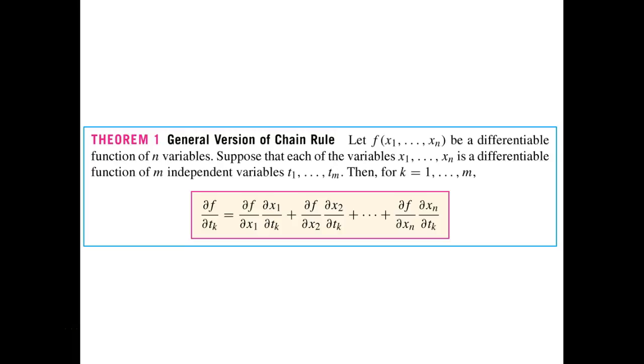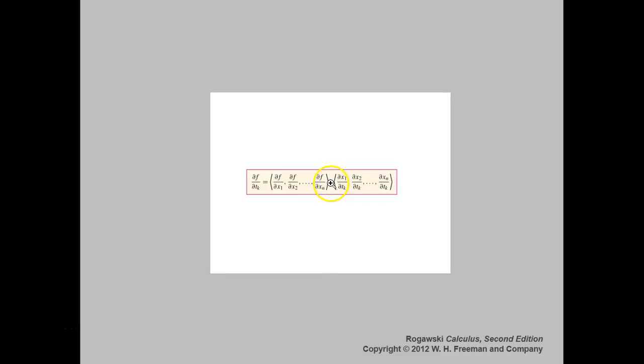Now, let's see if there's another way we can write this. Okay? That's the general version. Here's another way to write that. Okay? The partial of f with respect to one of those independent variables, t sub k, is the partial of f with respect to x1, x2, x3.